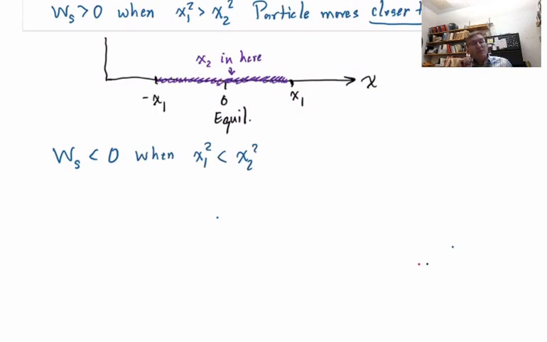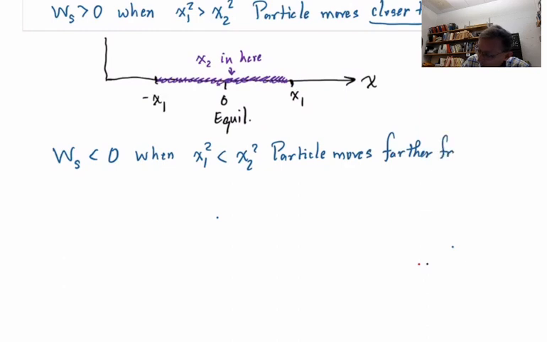Remember, equilibrium is at the origin. x1 is initial, x2 is final. So if x final squared is larger than x initial squared, physically that means that the particle moves farther from equilibrium compared to where it started.